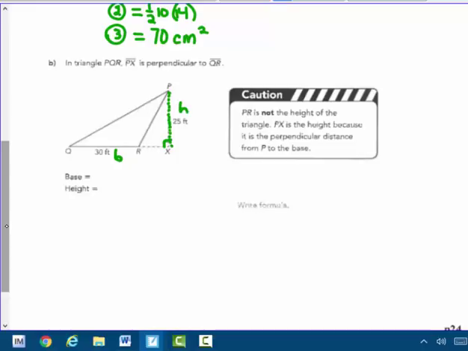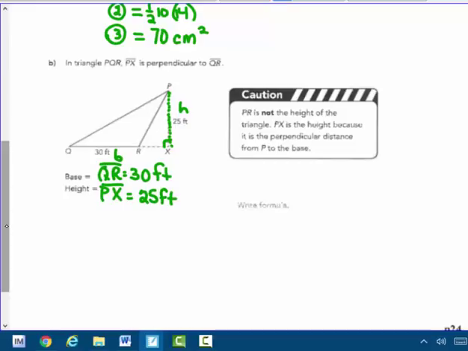So the base is QR, which equals 30 feet, and the height is PX, which is 25 feet. QR, PX.